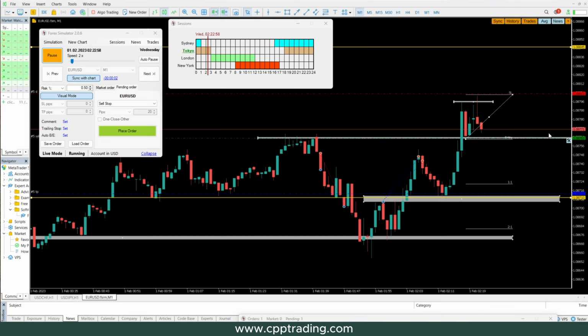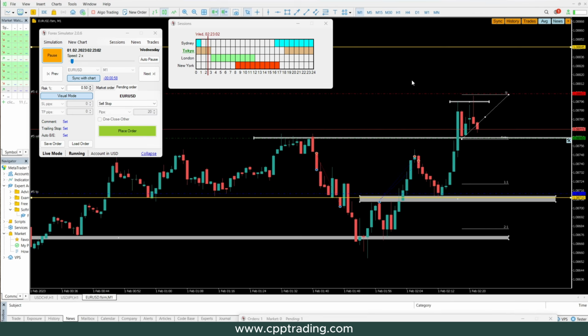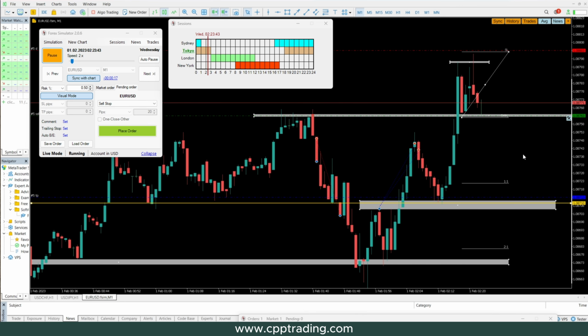Because if there's going to be a range, then there's potential that price can continue up again, all the way up to our yellow resistance we had on the 15-minute. But as long as it's respecting this high and as long as there is no consolidation, my bias is going to be bearish. So all we have to do is wait and see if we are getting filled or not.